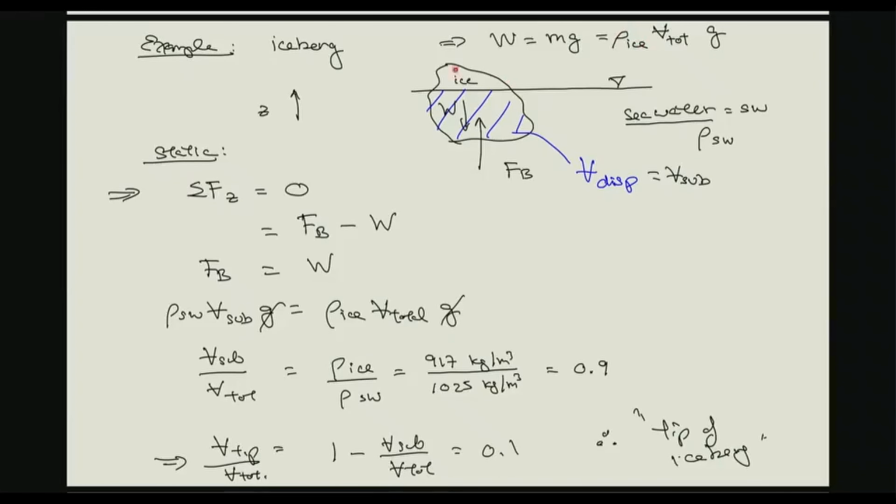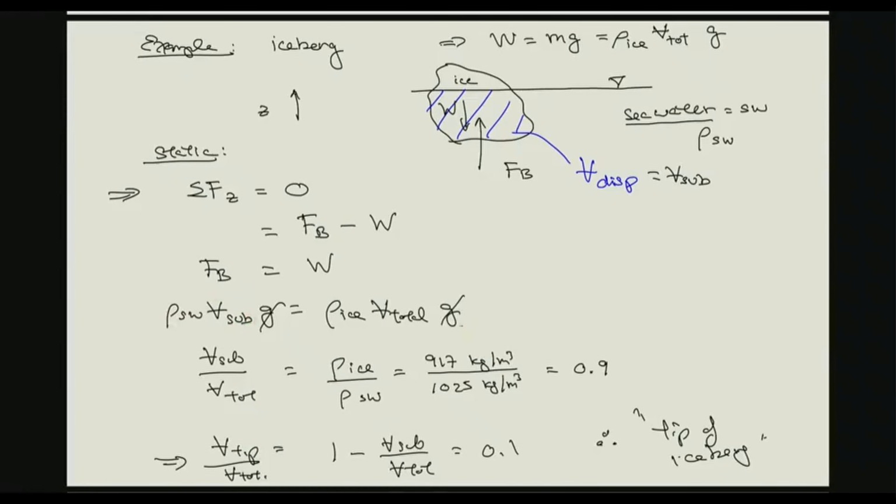If the iceberg is static, stationary, you just sum forces in the z direction: positive buoyancy force minus the downwards weight. So you equate them. The weight is in terms of the density of the iceberg and the total volume of the iceberg, and the buoyancy force is the density of the fluid, seawater, times just the submerged volume.